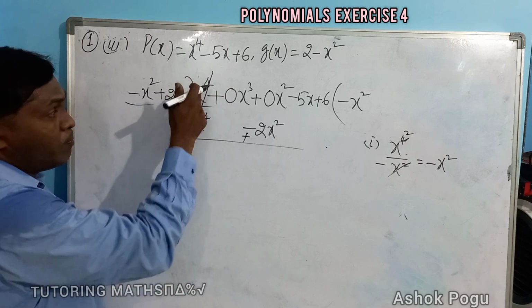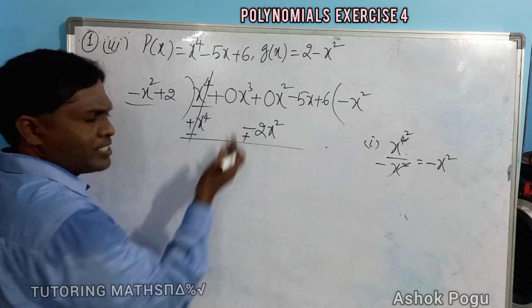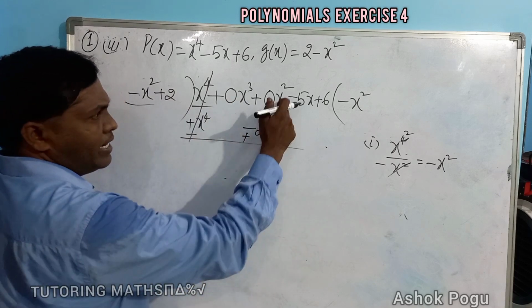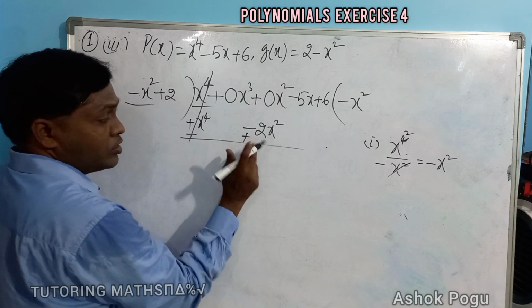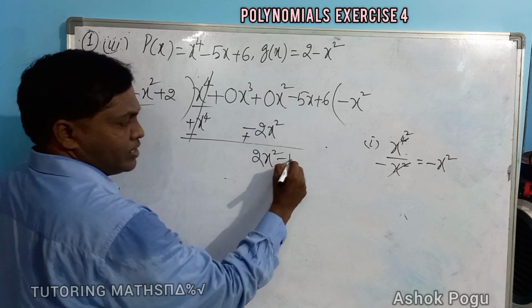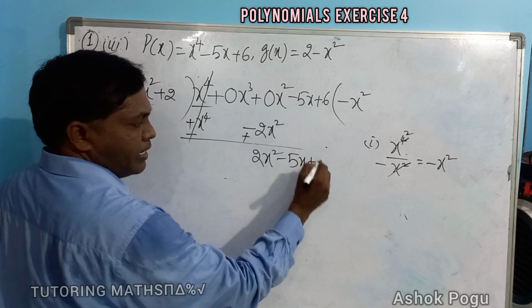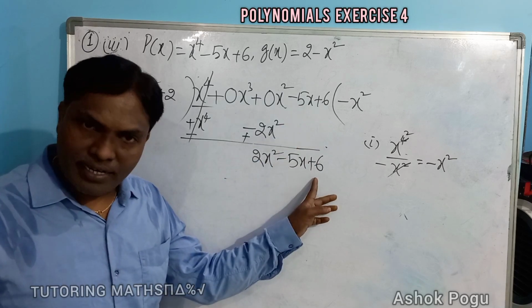Both plus, minus like terms get cancelled, and here no x cube term, just neglect, and here no x square term, only 2x square is left, that is plus 2x square. And just take down the remaining terms, they have to be taken down.